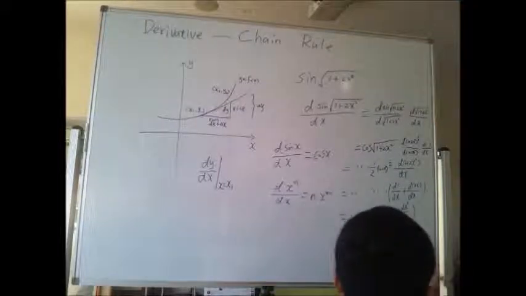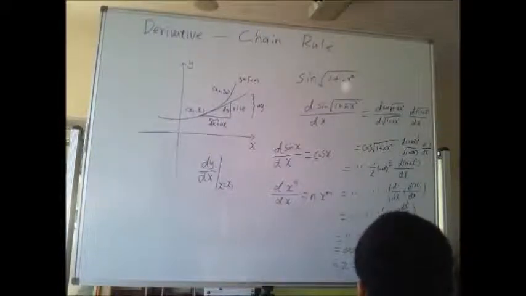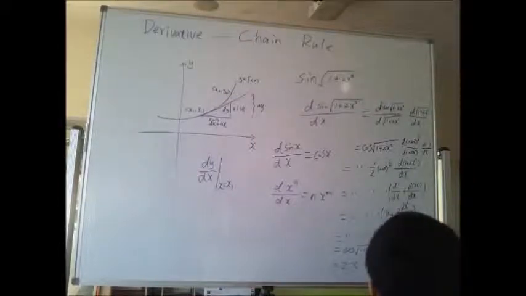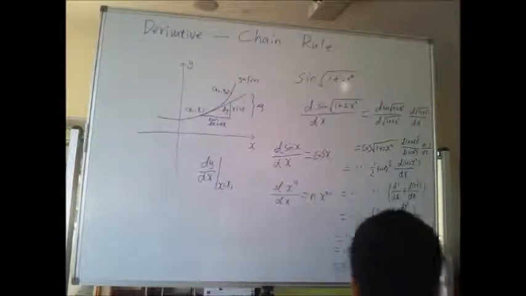Combining, 1/2 times 4 gives us 2, so we can take them out in front. So it's 2x, and then we put this bracket in front of cosine: 2x times 1 plus 2x squared to the power negative 1/2 times cosine square root 1 plus 2x squared. This is the final answer.